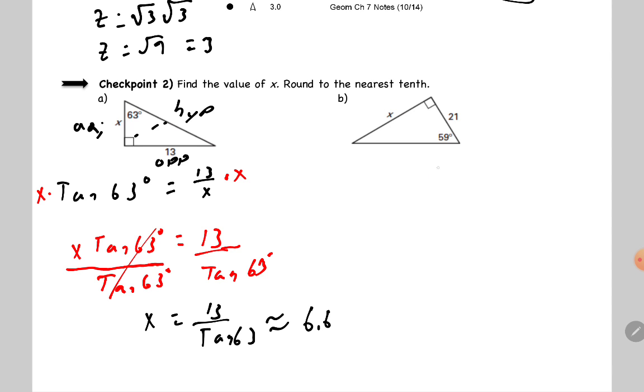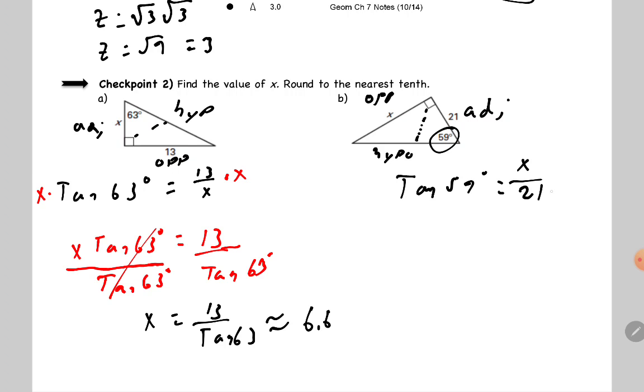Okay, next one. Here's our angle, so tangent of 59 degrees equals opposite over adjacent. This time our hypotenuse is on the bottom because it's opposite of the right angle. So opposite side of our 59 degrees is x. Adjacent side, or next to our 59, that's not the hypotenuse, it's 21.